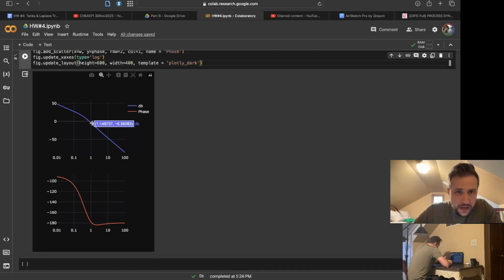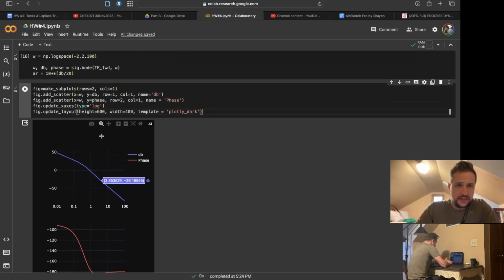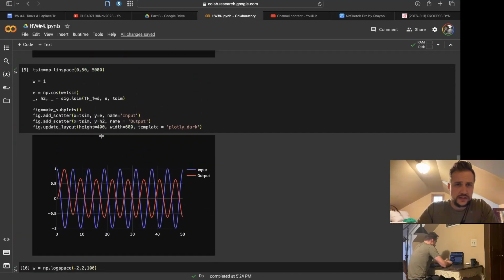So looking here, we should have a stabilized system. At the crossover frequency, it does cross negative 180 degrees, but our amplitude ratio is less than 1 there.